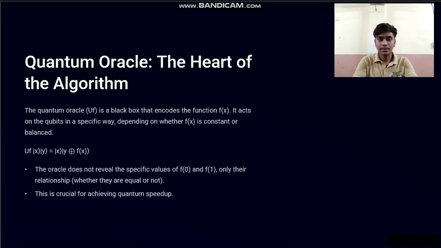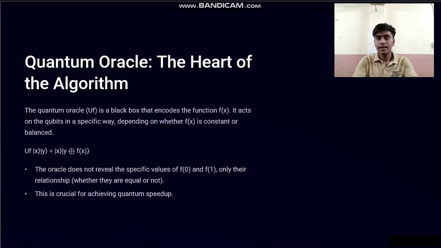This is the equation which the quantum oracle utilizes in the Deutsch problem. This means it flips the second qubit if f(x) is 1 and does nothing if f(x) is 0. The oracle doesn't reveal the actual value of f(0) or f(1).